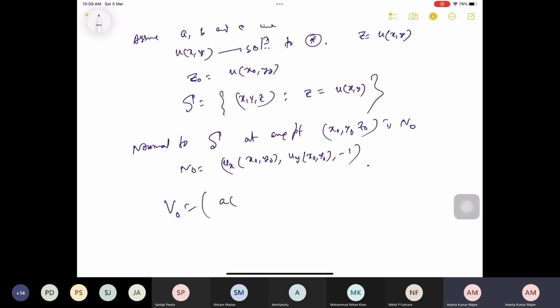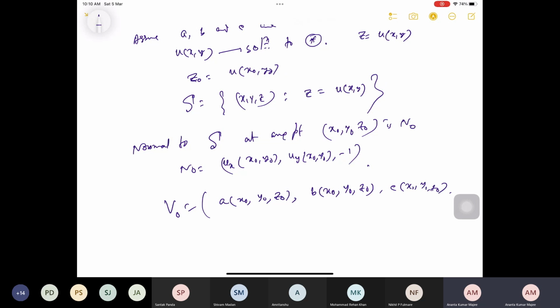which is nothing but (a(x0, y0, z0), b(x0, y0, z0), c(x0, y0, z0)). Here a is a function from R3 to R, because x, y and u are inputs and a gives only a real-valued output.